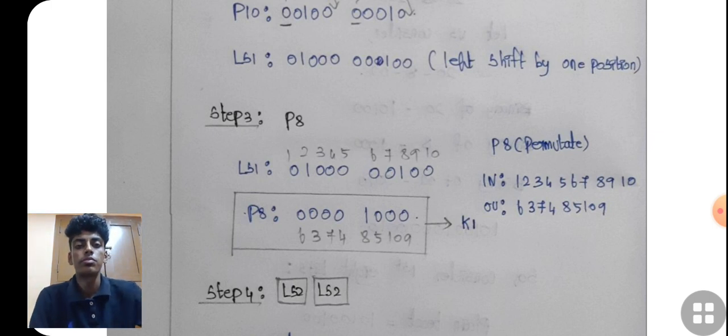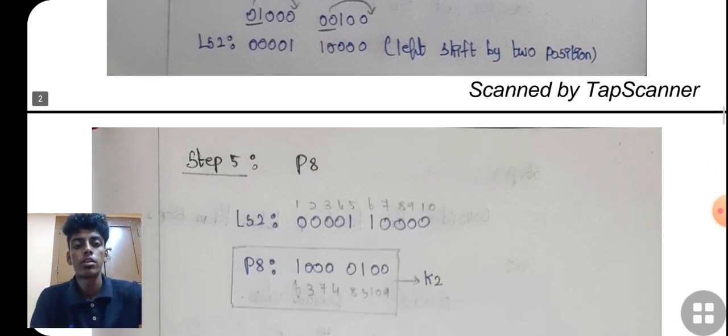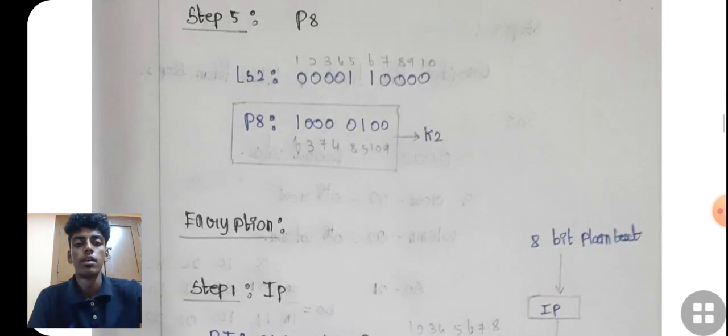First we do LS1, a left shift by one position. LS2 means a left shift by 2 positions. We move the first 2 bits to the last. Okay, and the fifth step is P8. Again we take the input of LS2 and find the output of P8. The key generation is over.